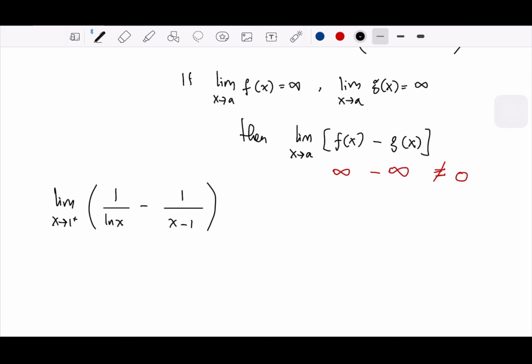Okay, we have this. If we imagine these as f and g, and take the limit as x approaches 1, they both give us negative infinity.